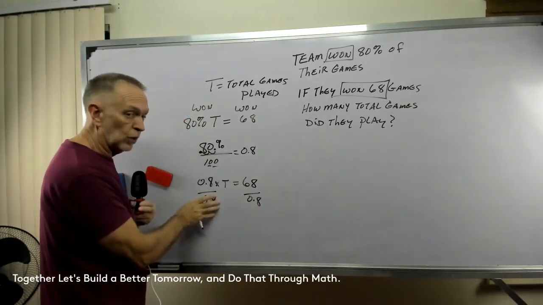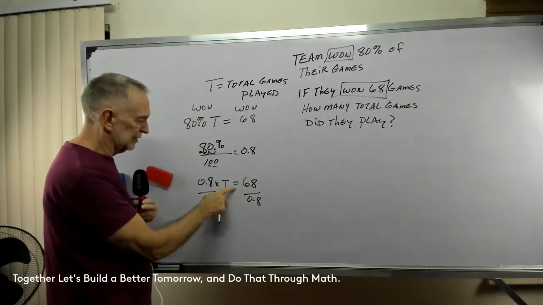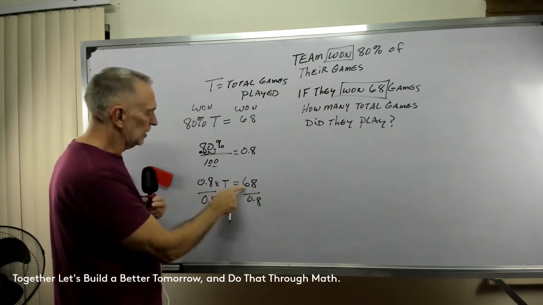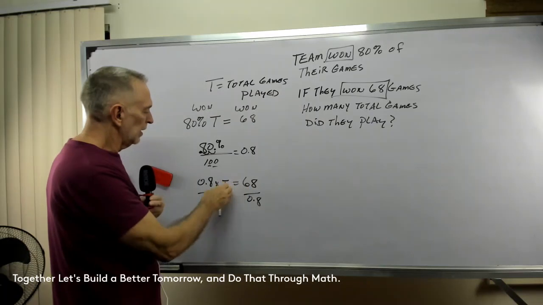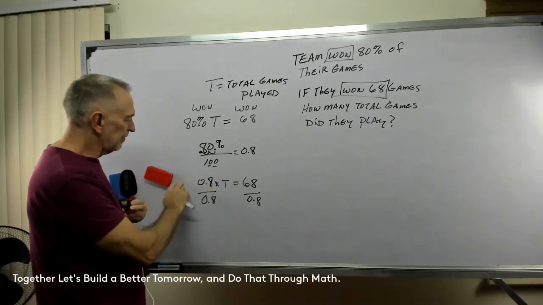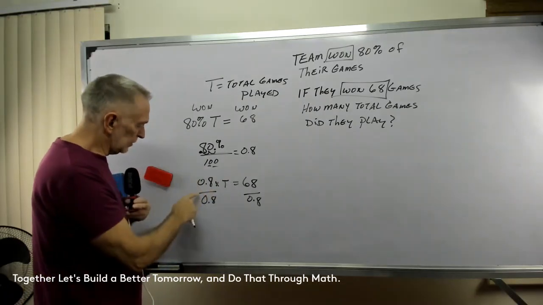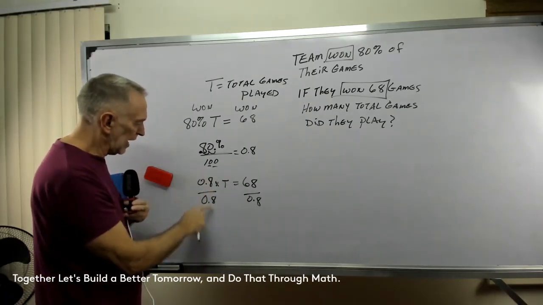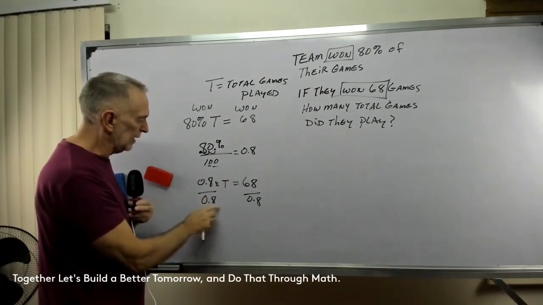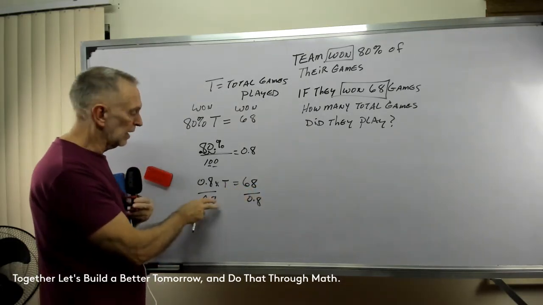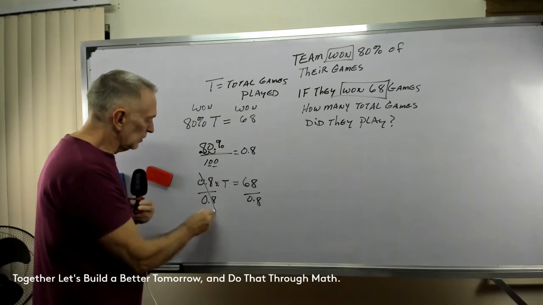What you do to one side, since this is equal, 0.8 times T is equal to 68. If I multiply this by 5, I have to multiply that by 5. It's still equal. In this case, I'm trying to cancel the 0.8, so I will divide both sides by 0.8.